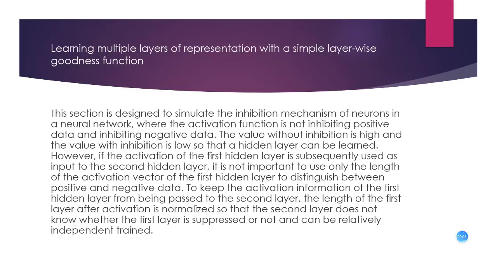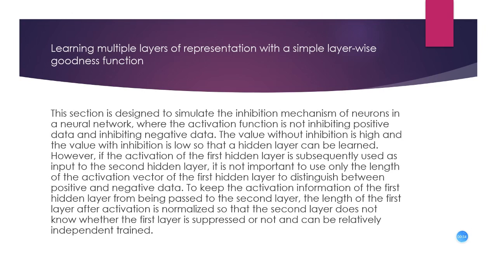This section is designed to simulate the inhibition mechanism of neurons in a neural network, where the activation function is not inhibiting positive data and inhibiting negative data. The value without inhibition is high, and the value with inhibition is low, so that the hidden layer can be learned.